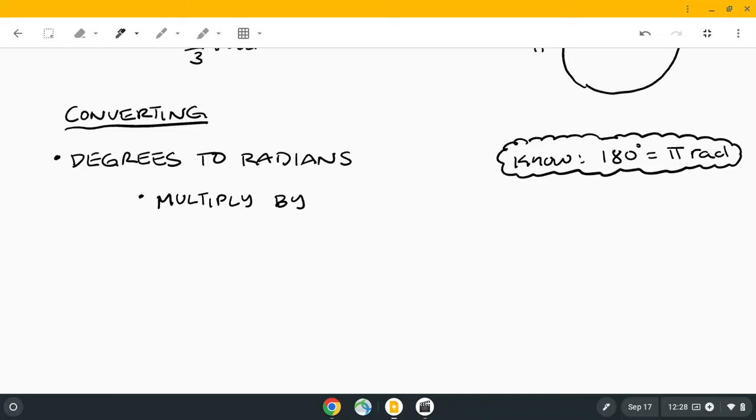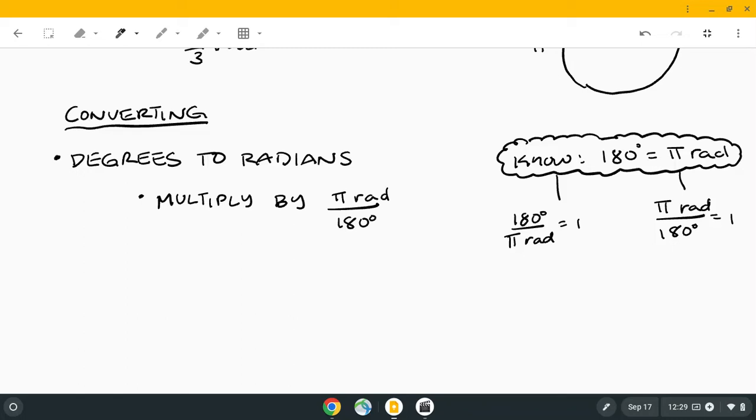So that's how we get our 1 written in some other form. Here, 180 degrees over pi radians equals 1. And pi radians over 180 degrees also equals 1, because 180 degrees and pi are the same. So if we want radians, we're going to multiply with the one that has radians on top, pi radians over 180 degrees.